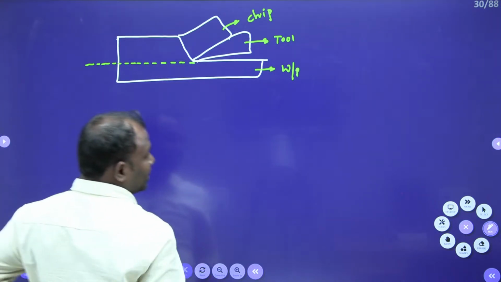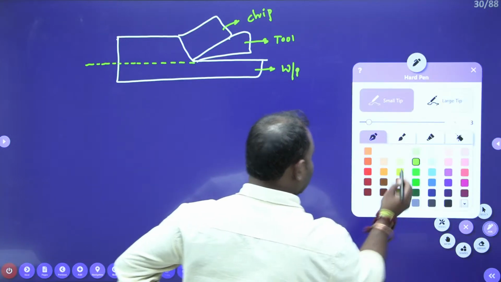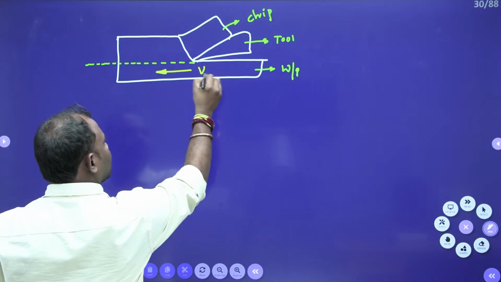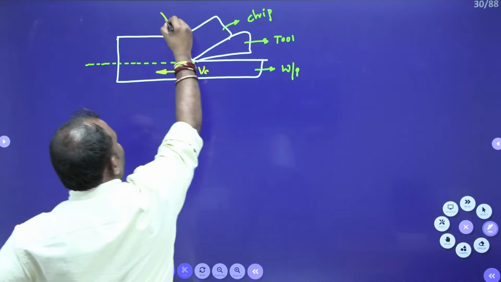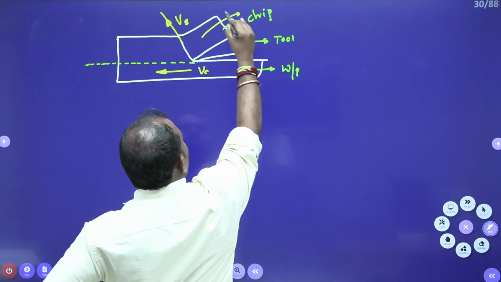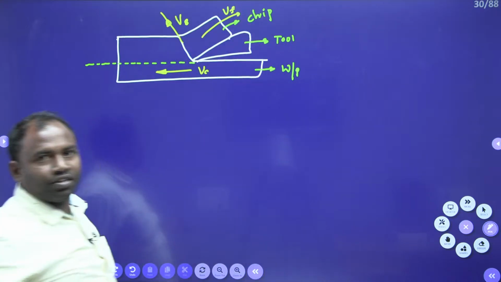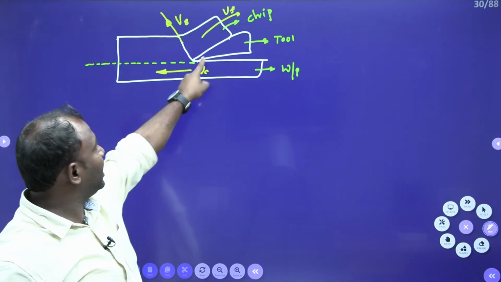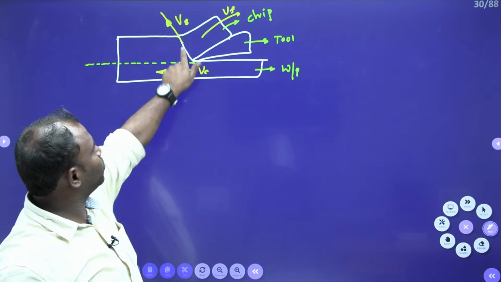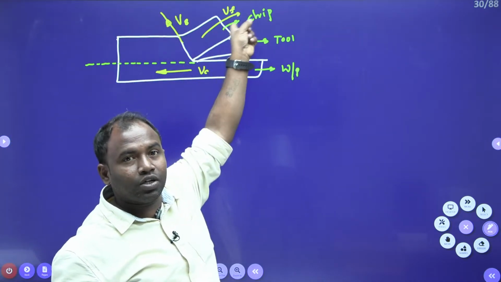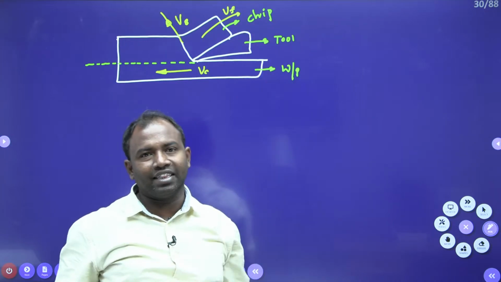As we have discussed, we have the cutting velocity, the shear velocity, and the chip flow velocity Vf. Cutting velocity means the tool is moving relative to the workpiece in this direction, shear takes place in this direction, and chip flow, that means chip velocity on the tool surface, takes place like this, isn't it, guys?